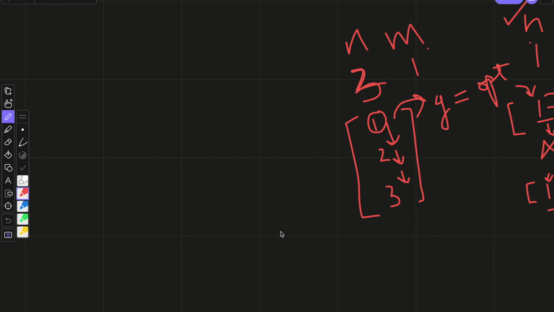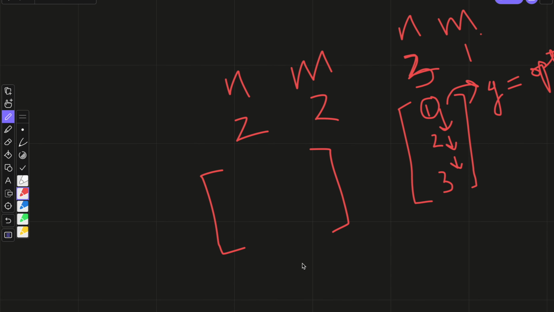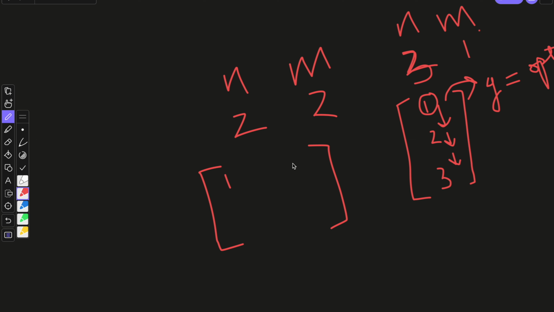Now let's take another example, n and m as 2 and 2. So it's going to be a 2 cross 2 matrix. If we write here any numbers, 1, 2, 3 and 4 for suppose. From the top left we can either go here or we can go here.